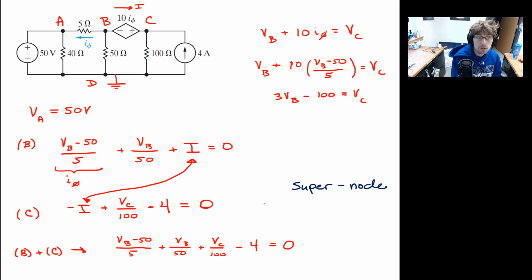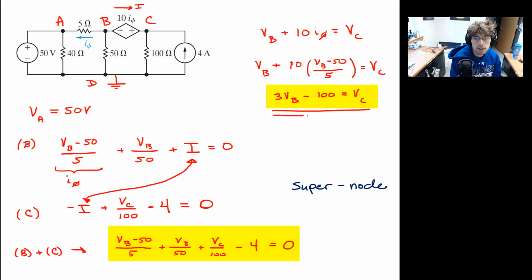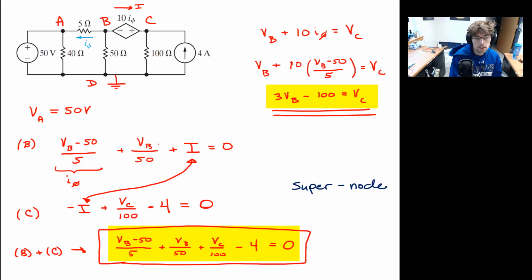Okay, so we have two equations now. We have the relationship between the potential at B and the potential at C. And then we have this equation that came from combining the node voltages at B and C to eliminate I, or alternatively, we could just call it the equation that came from the supernode.